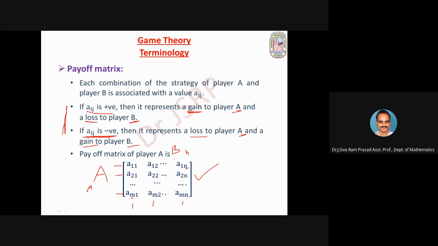In the payoff matrix, rows represent strategies of player A and columns represent strategies of player B. That is the default notation.